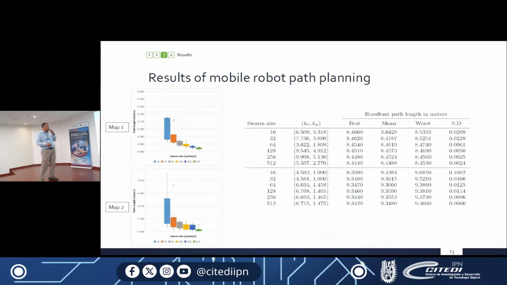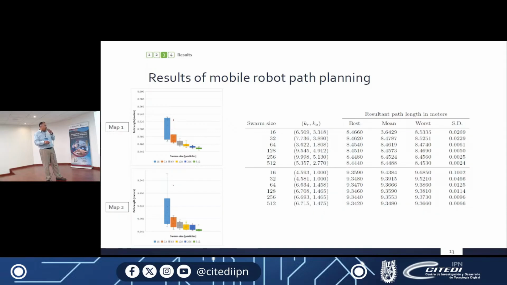These are the results. In terms of path planning, we are looking for the shortest path. So these are the best results for the first map or environment configuration.